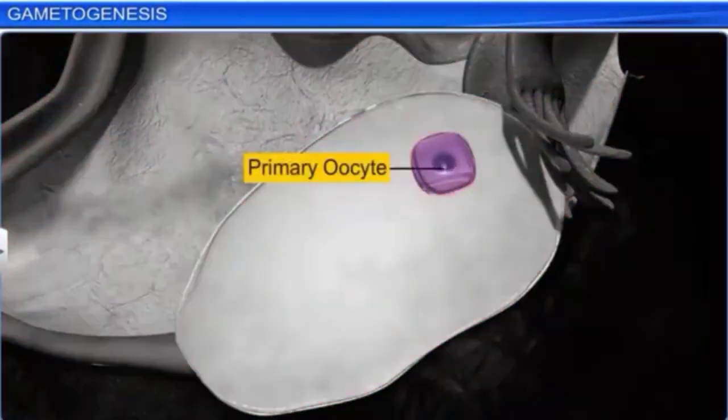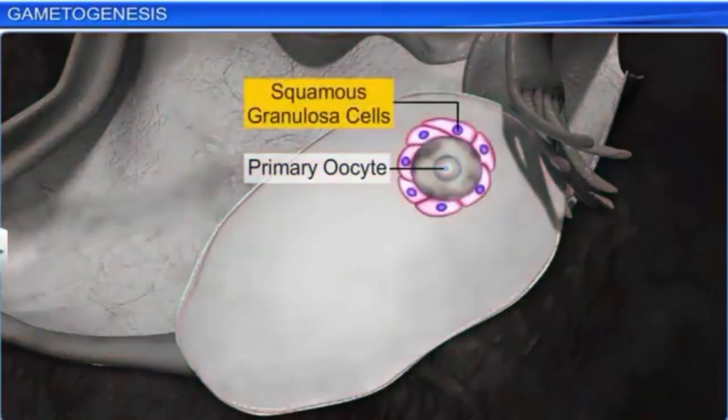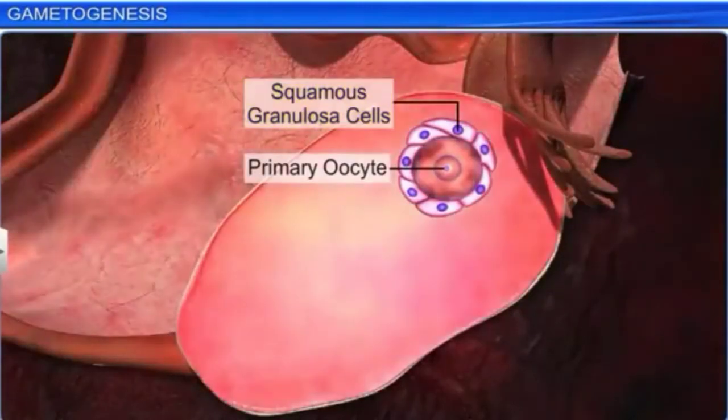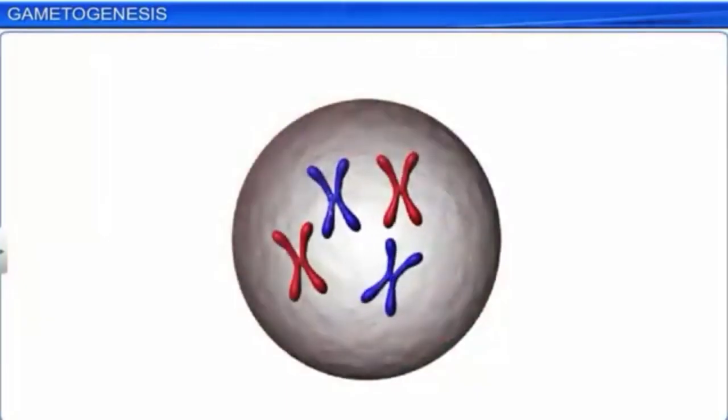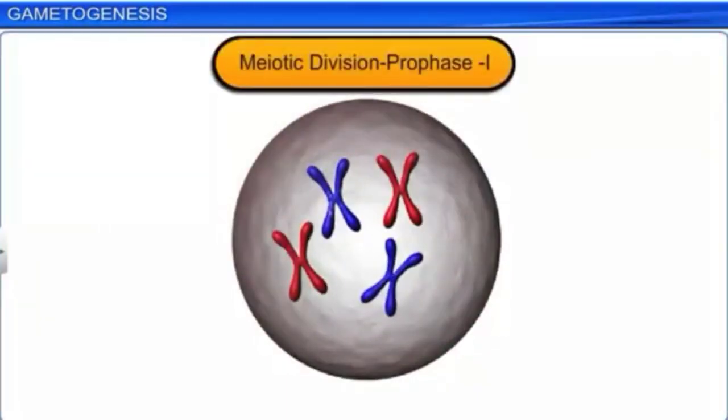The primary oocyte then gets enveloped by a layer of squamous granulosa cells, and together they make up the primordial follicle. The oocyte further develops as the fetus develops, but the granulosa cells do not change till puberty. In fact, primary oocytes enter the prophase of meiotic division and remain suspended till puberty.